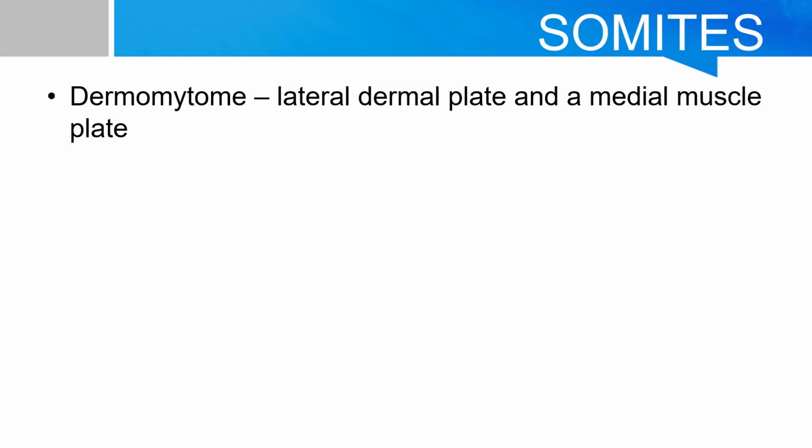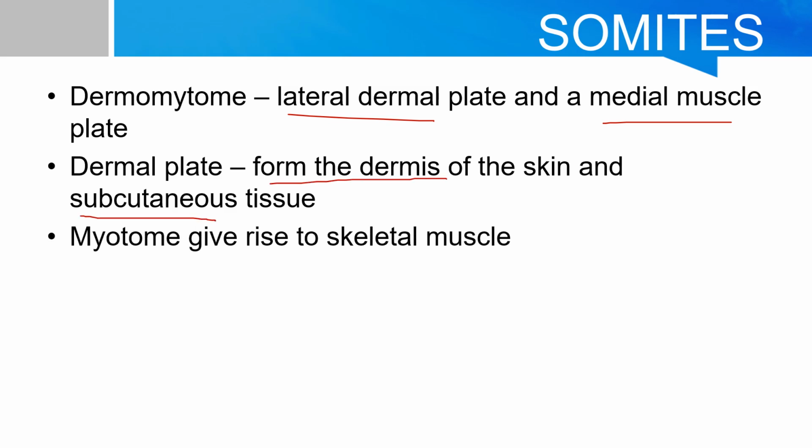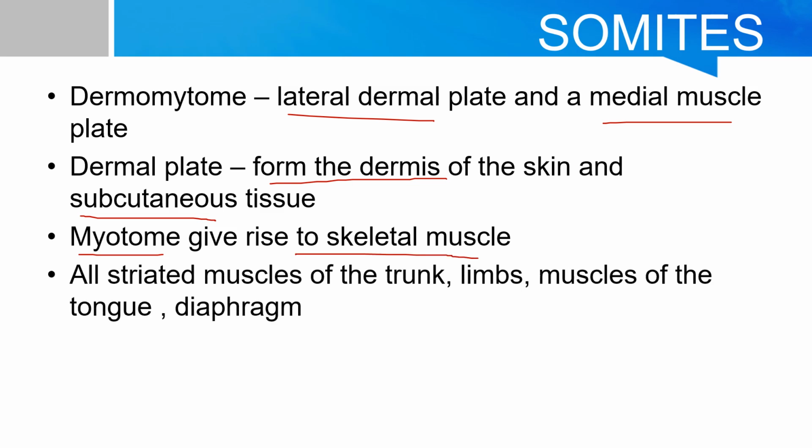This dermomyotome is divided into two parts, the lateral dermal plate and the medial muscle plate. The dermal plate forms the dermis of the skin and subcutaneous tissue. The myotome gives rise to the skeletal muscle of the body. All striated muscles of the trunk, limbs, muscles of the tongue, and diaphragm are derived from the myotome part of the somites.